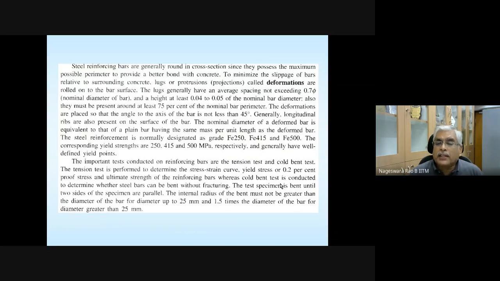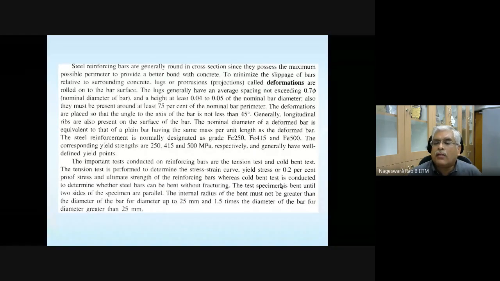The important tests conducted on reinforcing bars are the tension test and the cold bend test. The tension test is performed to determine the stress strain curve, yield stress or 0.2% proof stress, and ultimate strength of reinforcing bars, whereas the cold bend test is conducted to determine whether steel bars can bend without fracturing.